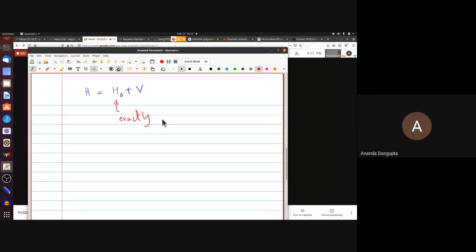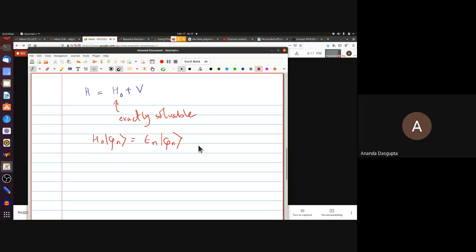What that means is that we know all the eigenvectors and eigenvalues, or eigenfunctions and eigenvalues. Okay, you can call them eigenkets and eigenvalues, it doesn't matter, for this Hamiltonian H0.